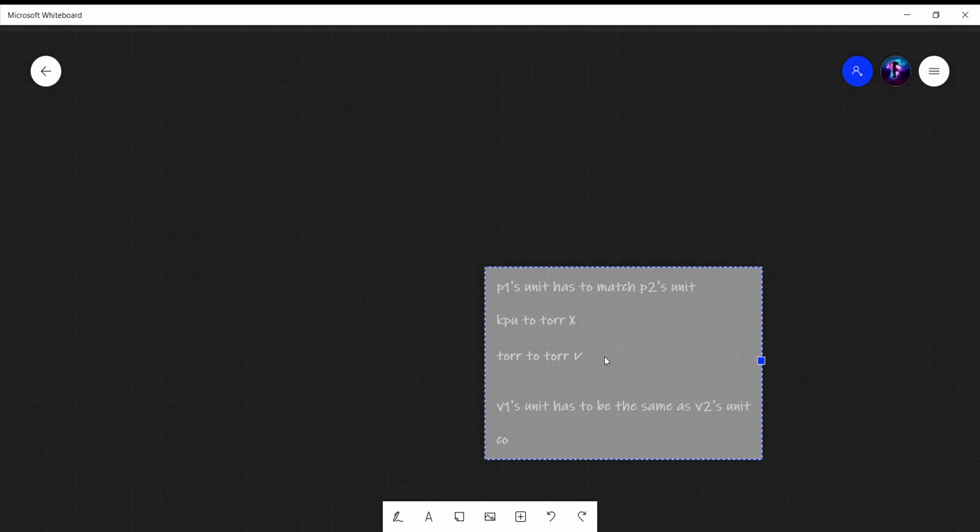So next, conversion. So 101 or 101.3 kPa equals 760 torr.